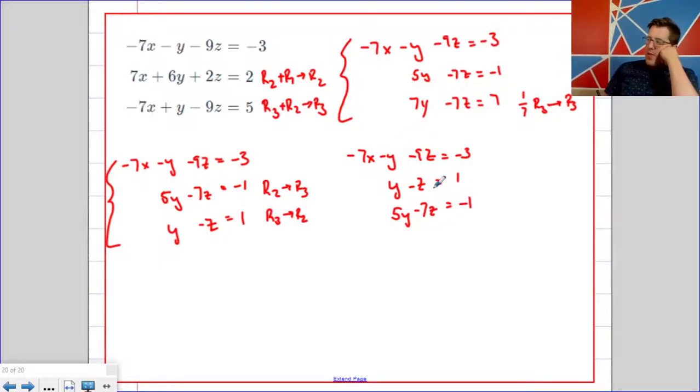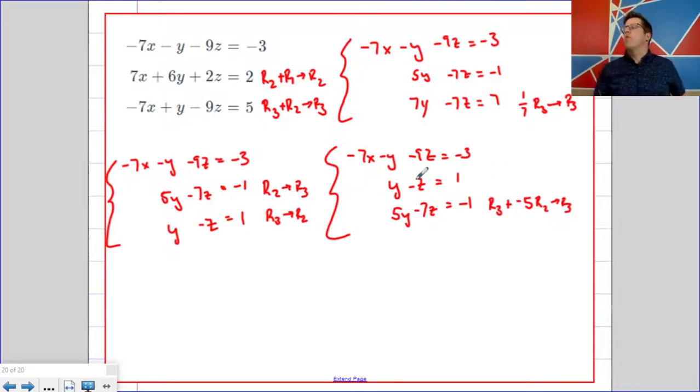So it's easier to use the less complicated thing to cancel out the more complicated thing. Here's what I mean by that. It's easier to say, I'm going to take row 3 and subtract 5 row 2's and put that in row 3. It's easier to work with that with the simpler row on top.